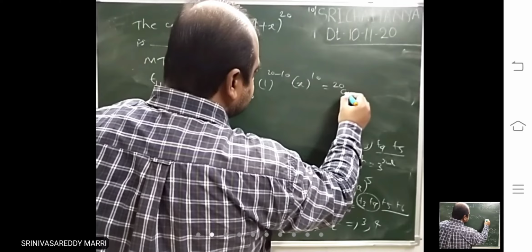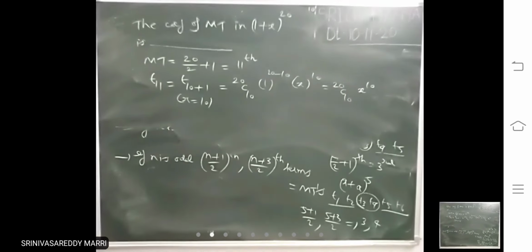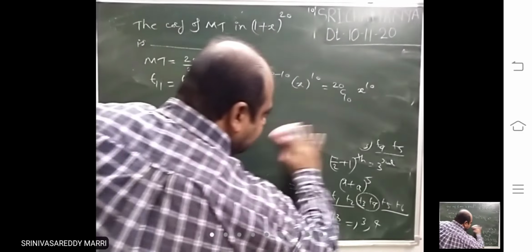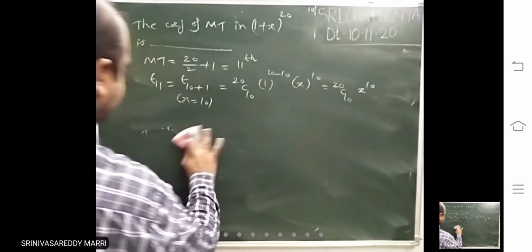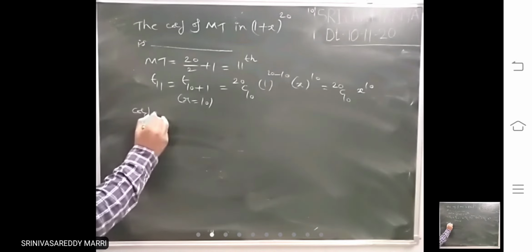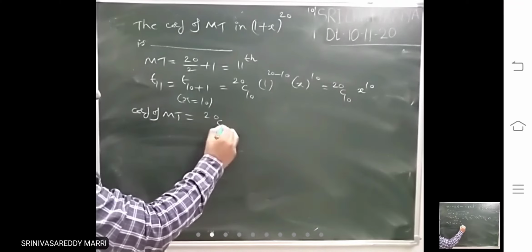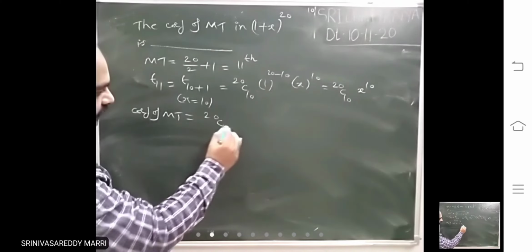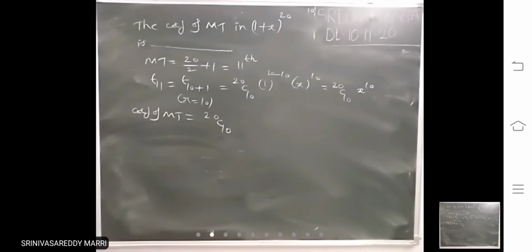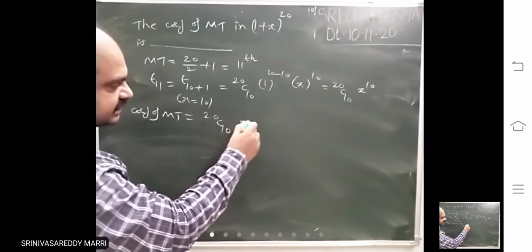So you will get 20C10 into x power 10. Right? So therefore, the coefficient of the middle term is nothing but 20C10.